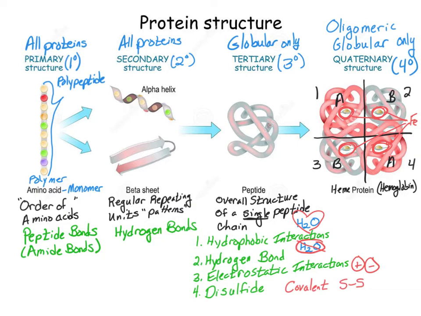Therefore, the quaternary structure is defined as the overall structure of a protein that has subunits in it. The way that these are bound together are the same 4 forces that hold tertiary structure, and again, those are hydrophobic interactions, hydrogen bonds, electrostatic interactions, and the strongest one, the covalent bond called the disulfide bond.